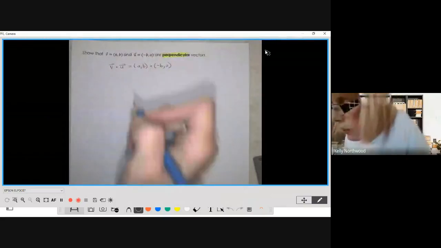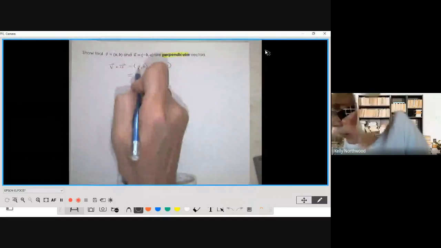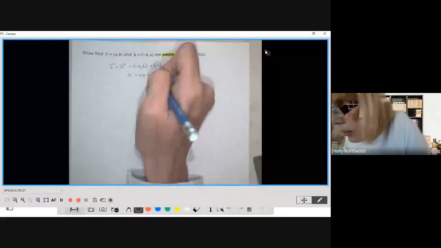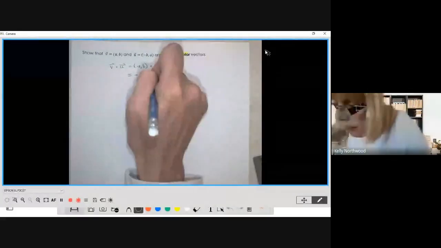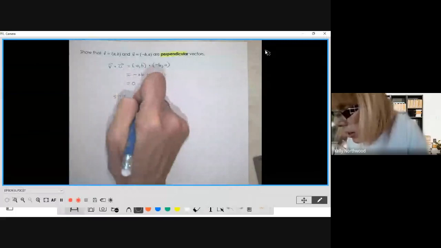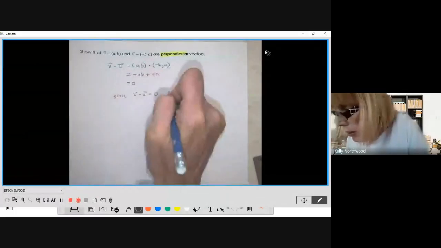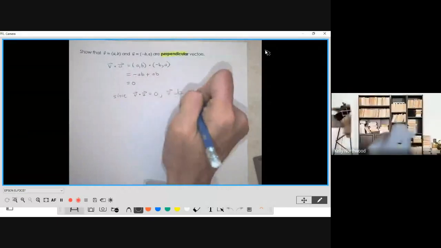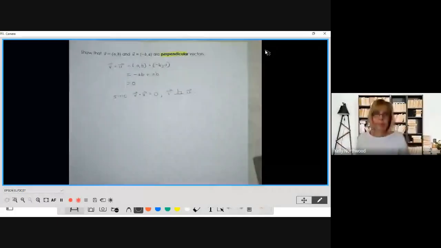If we multiply A times negative B, we get negative AB, and add B times A. B times A is BA or AB as well. When you add those, you get 0. So since V dot U equals 0, vector V is perpendicular to vector U. So we've shown that.